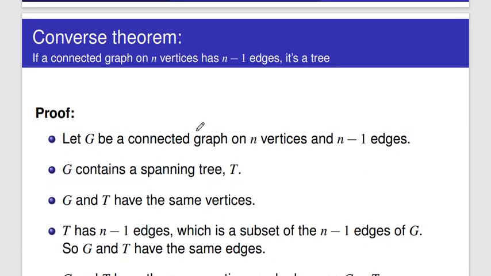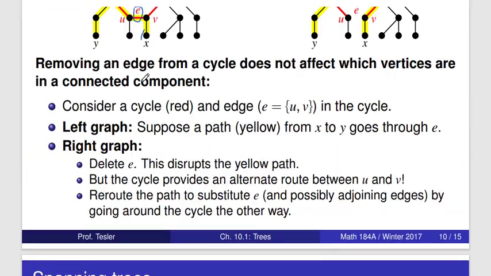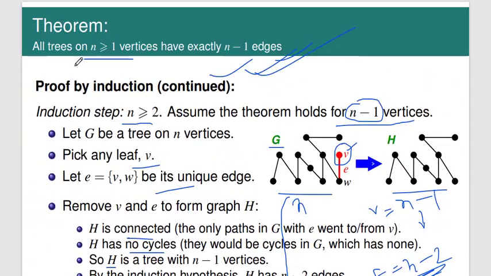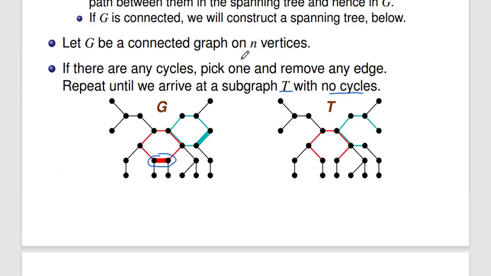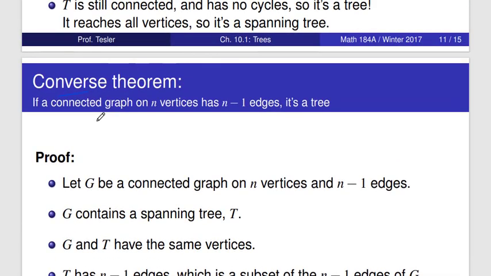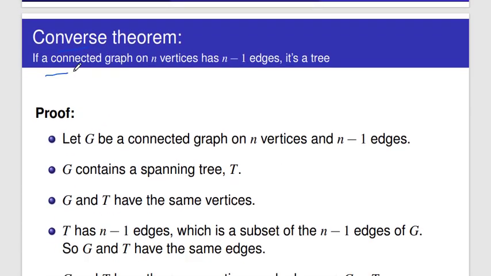Then next is converse theory. Okay, what is converse theory? A reverse pattern. Previously we said that a tree with n vertices, n greater than or equal to 1, has exactly n minus 1 edges. Now reverse it: if a connected graph of n vertices has n minus 1 edges, then it's a tree.